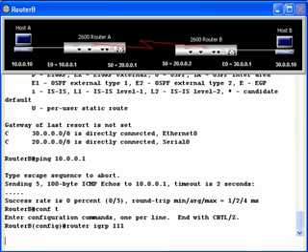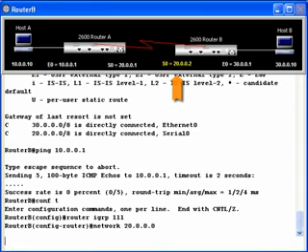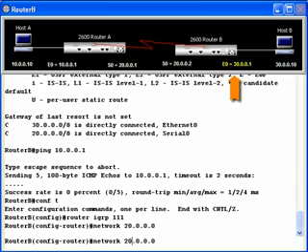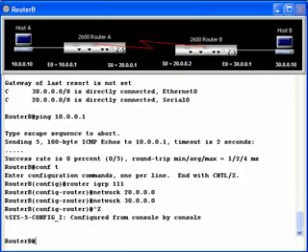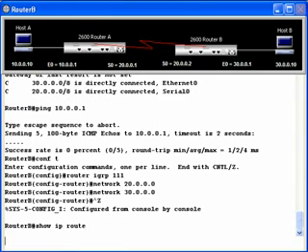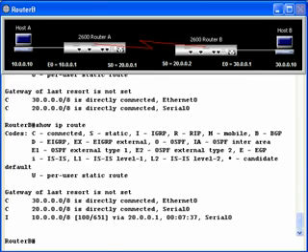At router B, router IGRP 111, network 20.0.0.0 and network 30.0.0.0. The show IP route command displays the presence of the IGRP route.